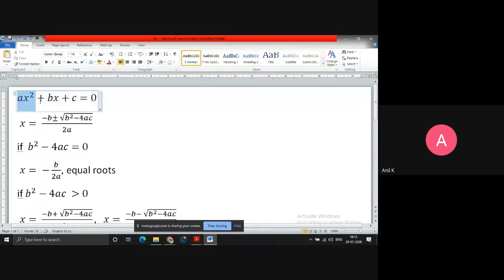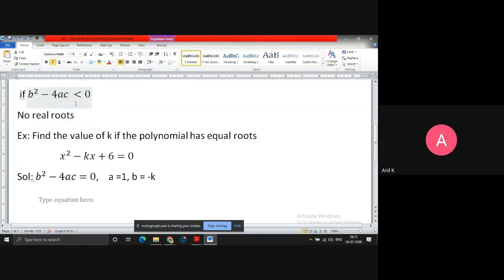A is positive, B is positive, and C is also positive. But in the given quadratic equation, you have minus k. So generally, you can write this as plus minus of k. Okay, so B value is going to be minus k, not plus k. And C value is equals to 6.